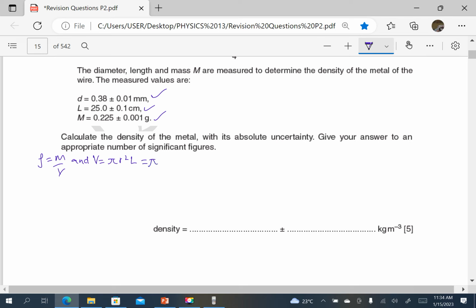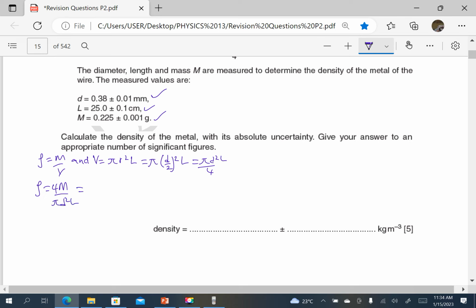So this will be pi, where there is r I put d over 2, and this is squared times L. So it means the volume is pi d squared L over 4. So it means density, I'm substituting for the volume, which is going to be mass over volume, where volume is pi d squared L over 4, so the 4 goes up. And in the denominator we have pi d squared L.